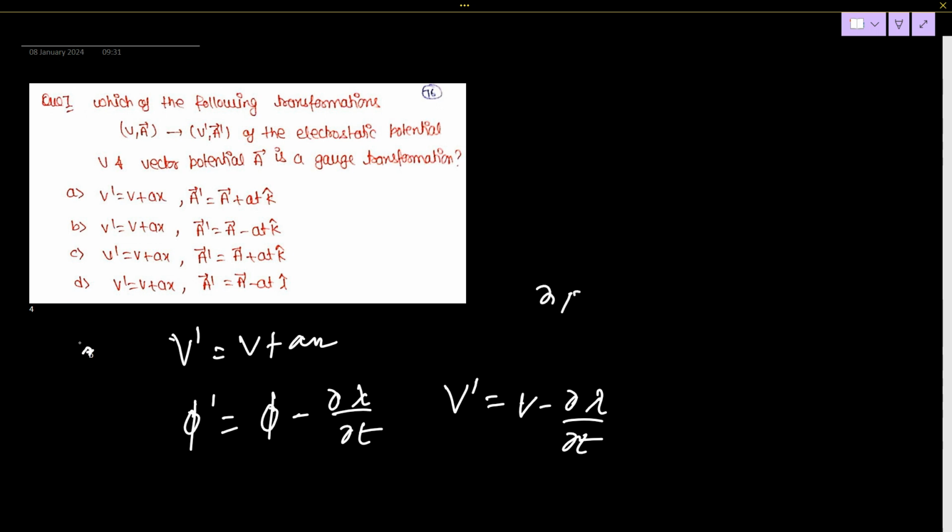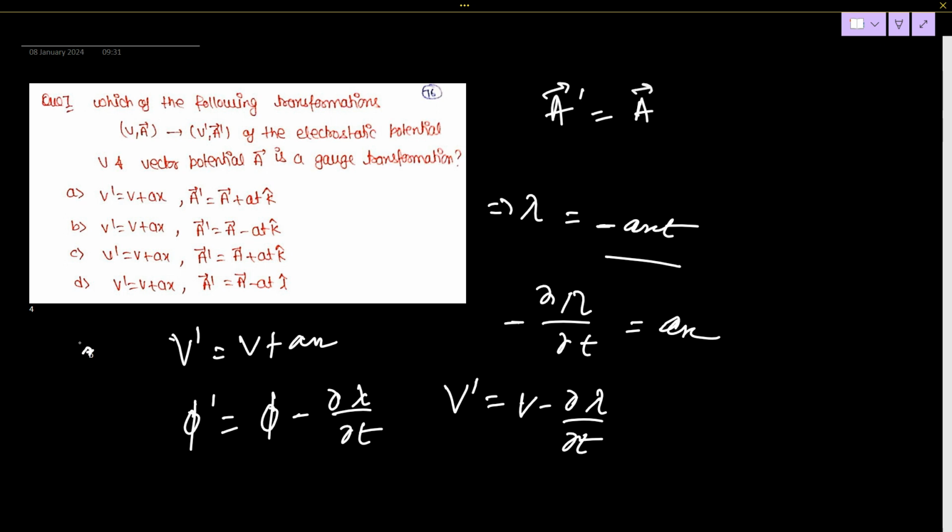So del lambda by del t is how much you're getting here? Minus del lambda, sorry. Minus AX. So lambda is what? Lambda is minus AXt. Alright. Okay, let's put it now in place of A dash is equal to A plus del lambda. Okay.